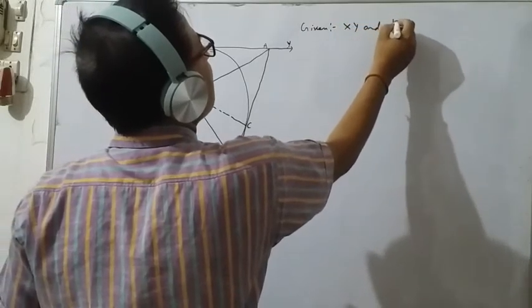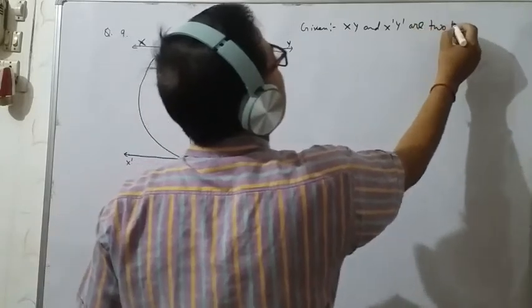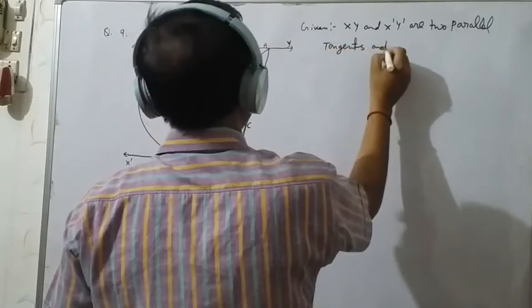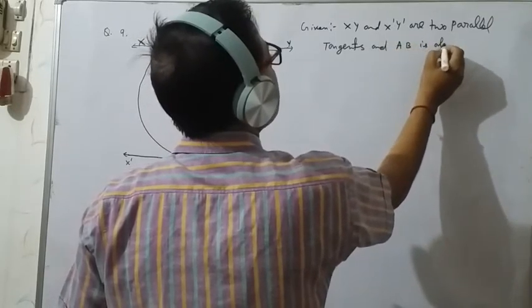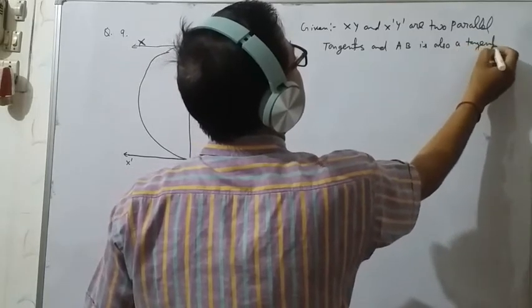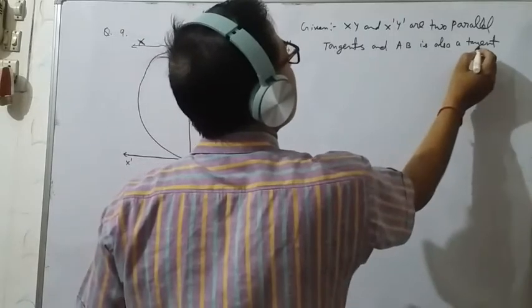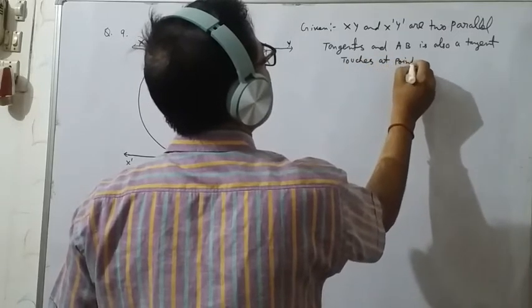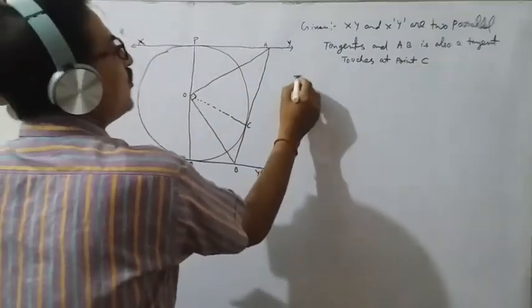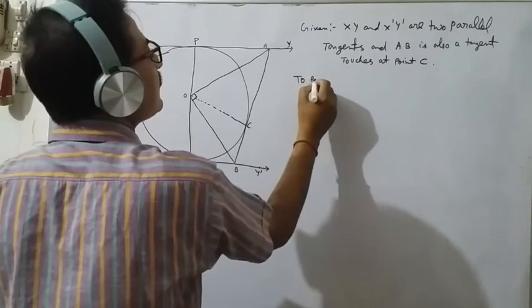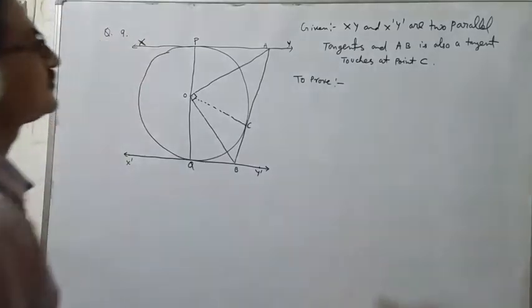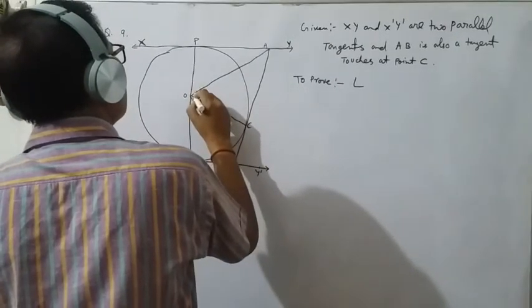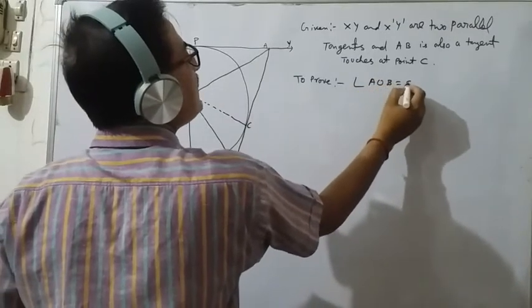XY and X dash Y dash are two parallel tangents, and AB is also a tangent that touches at point C. Now to prove: angle AOB equals 90 degrees.